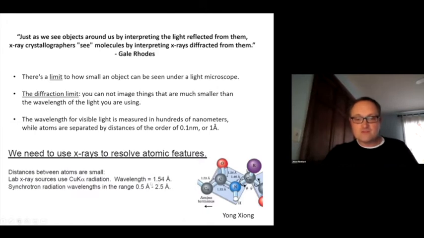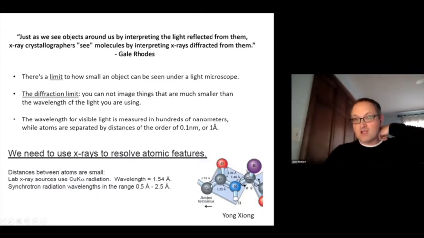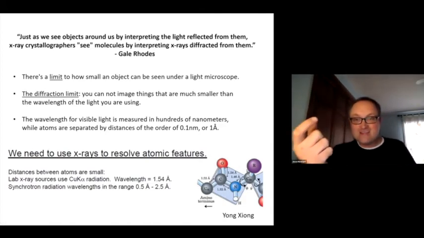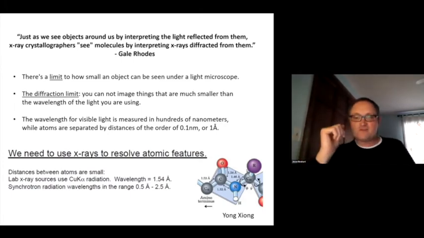We can have a lab source, or we can have a more powerful source of X-rays, and we can get wavelengths below 1.5 angstroms. So that means they're smaller than the distance between carbon and carbon. That gives us the possibility to actually see, at atomic resolution, the atoms in a molecule.